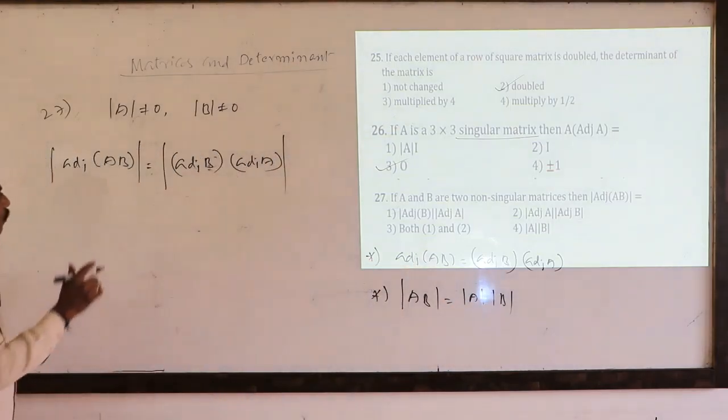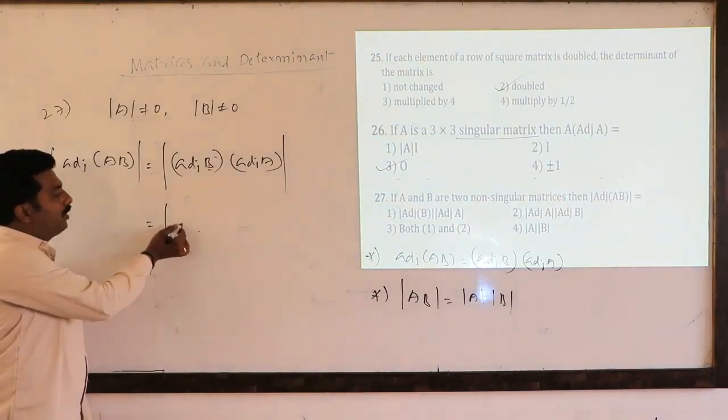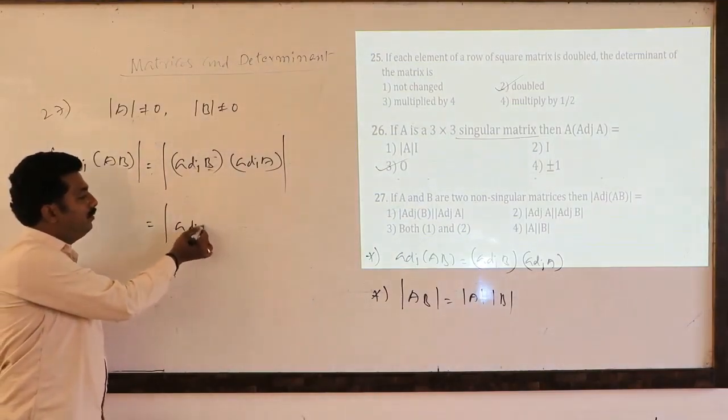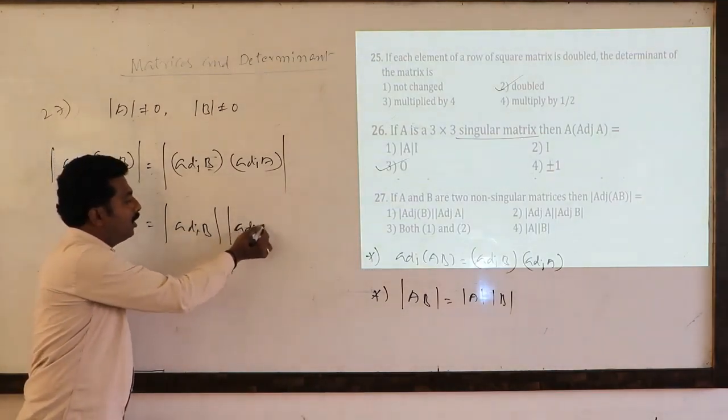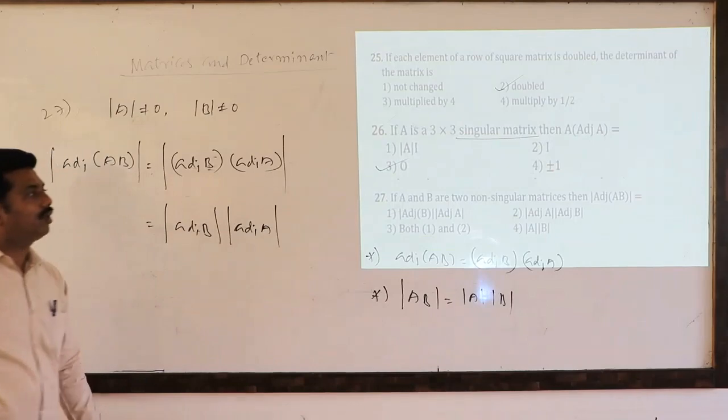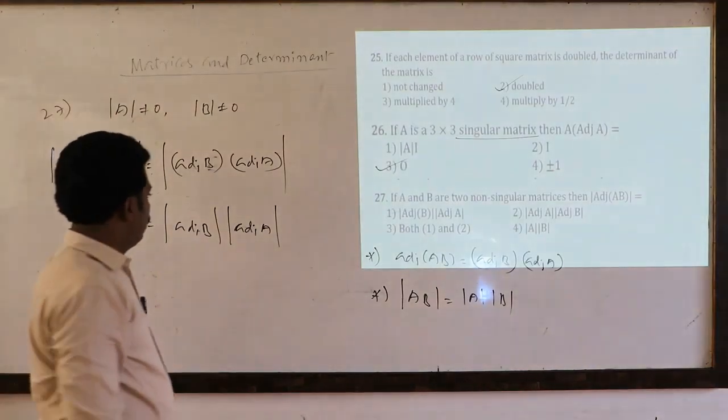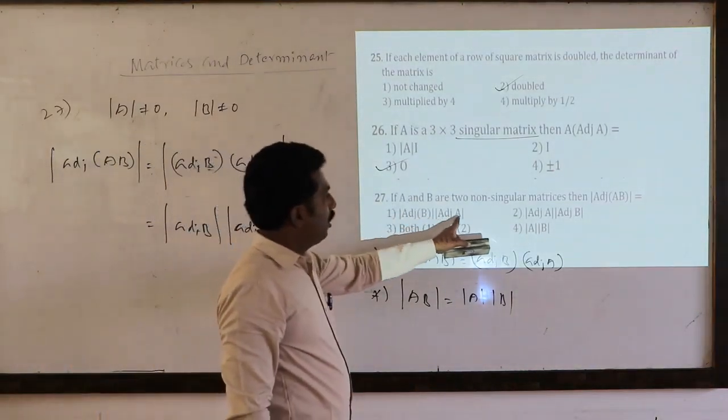So from this we can take determinant of adjoint of B into determinant of adjoint of A.